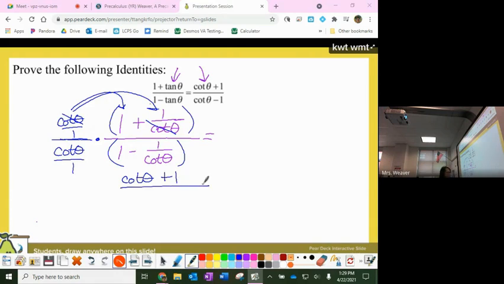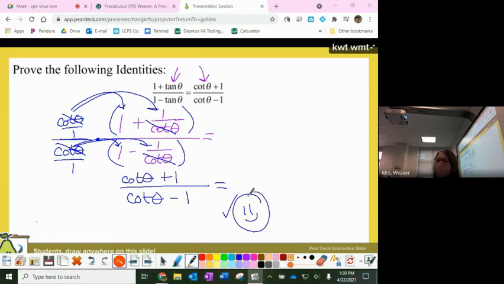In the denominator, when I distribute, the cotangent theta times 1 gives me cotangent theta. When I distribute to the second term, the cotangent theta on top cancels with the cotangent theta on bottom, and it just leaves me minus 1. And in 2 much shorter steps, she did it. She did it. Okay. I told you there was a prettier way, okay?